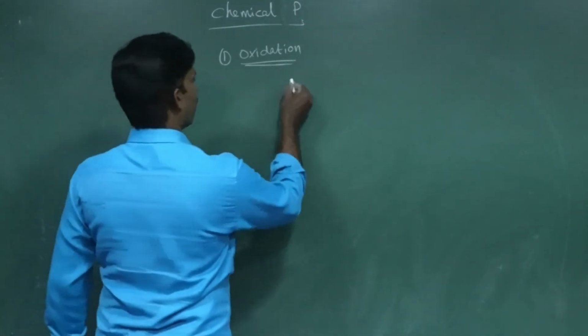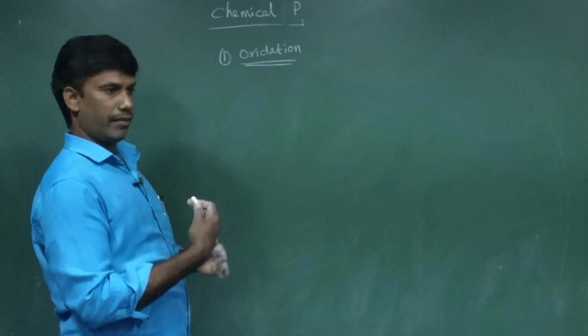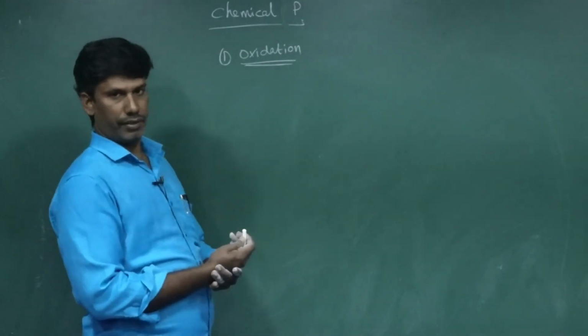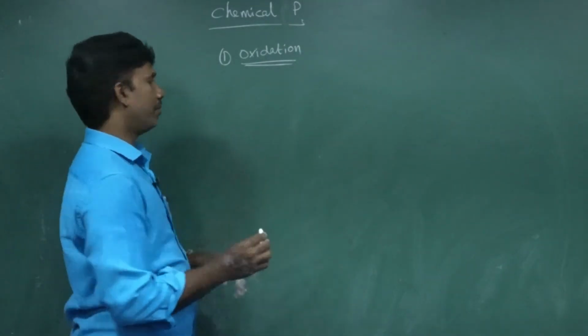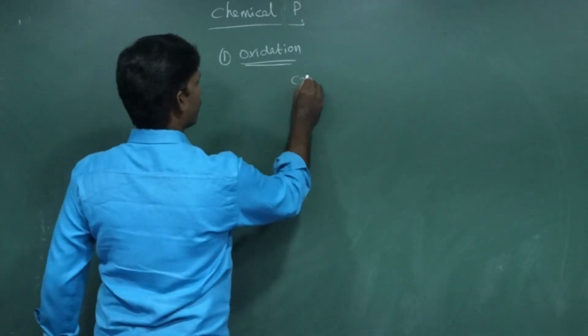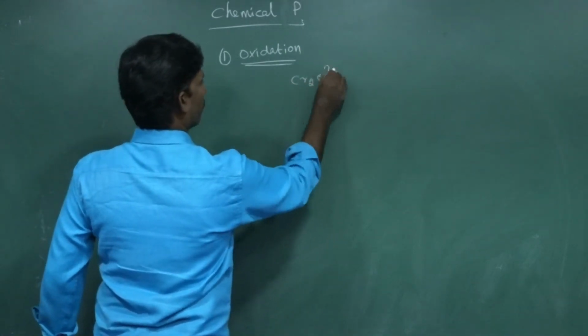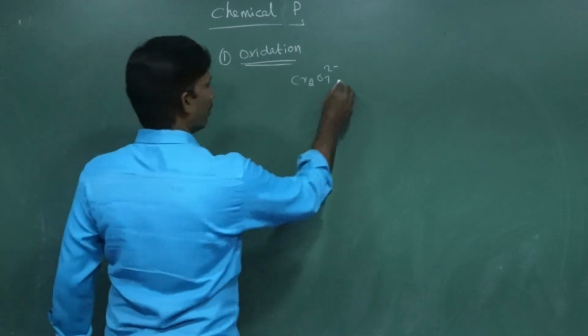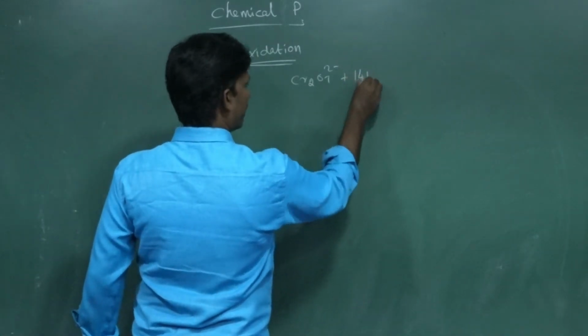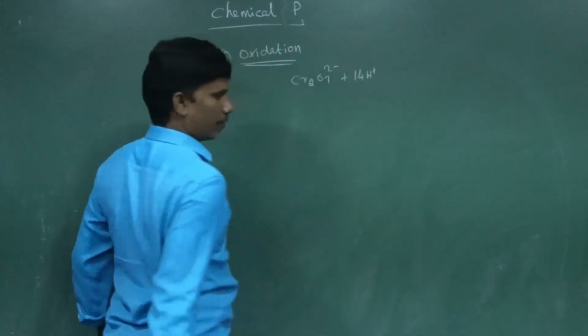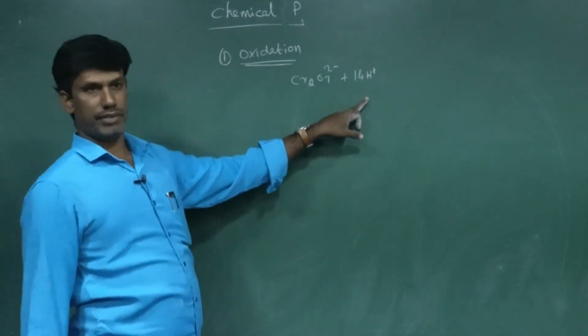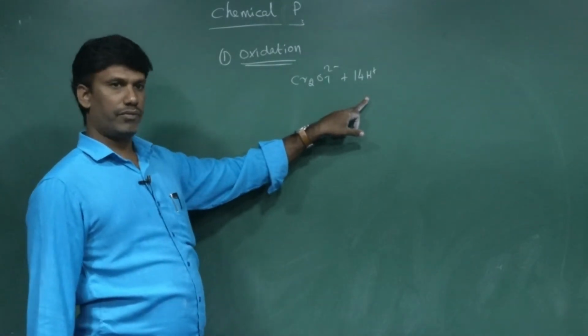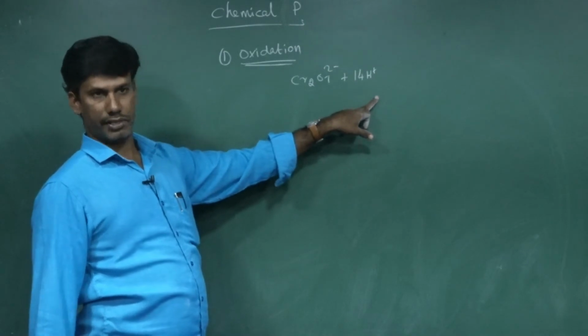Look at the ion. Hereafter, all the equations will be in ionic form. You cannot find K, only ionic form. Potassium dichromate we can write as Cr2O7 2 minus, the ionic form of potassium dichromate, in an acidic medium. The 14 H plus is from sulfuric acid; for sulfuric acid's ionic form we write only H plus.